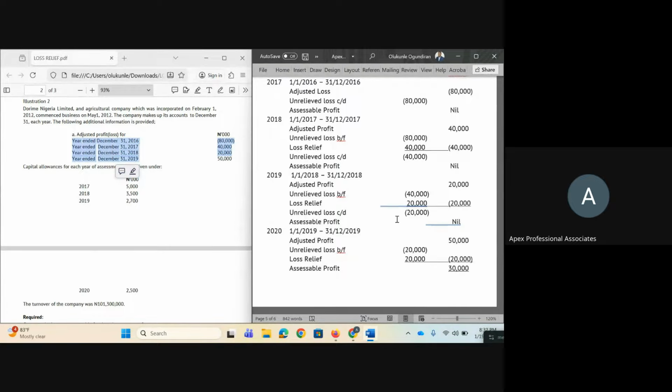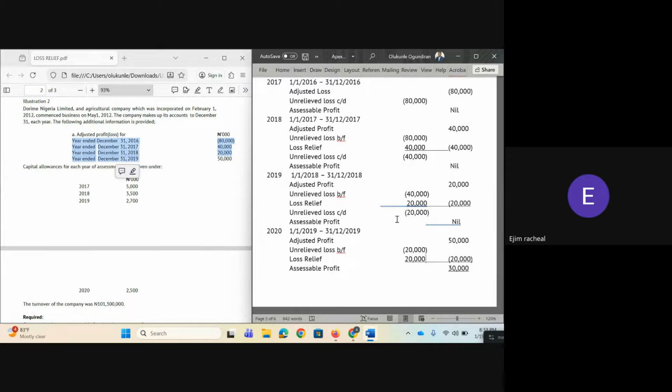So technically, there will be no fund for that year. Next question: so if they are still relieving loss, they won't pay the fund for that year? Yes, because there's no assessable profit. It is when there's assessable profit that we can talk. The fund is on your assessable profit. And provided you are still having loss, it definitely means there's no assessable profit.